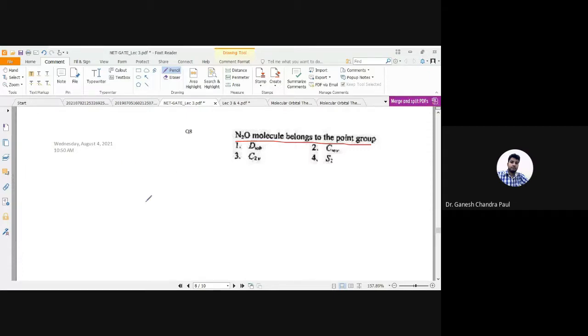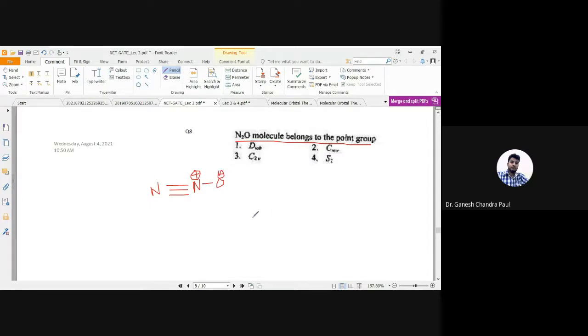First you can see here, what is the structure of nitrous oxide? Anybody? Sir, linear structure. Yes, it has a linear structure. Very good. So this is the exact structure of nitrous oxide.